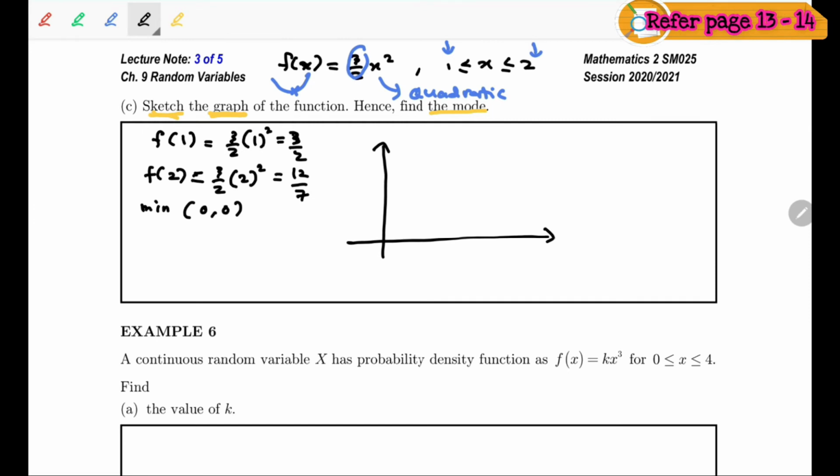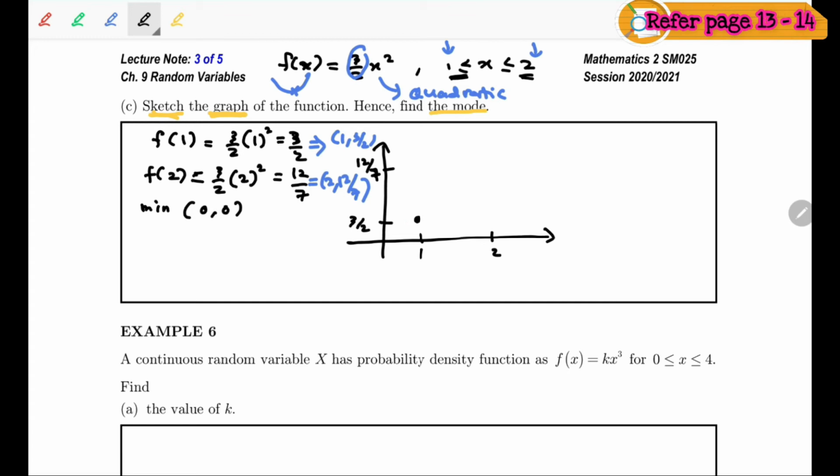Since we have the two endpoints here, this point represents (1, 3 over 7) and this is (2, 12 over 7). We can just jot down here: this is 1 with 3 over 7, and this is 2 for the 12 over 7. The interval is included for both 1 and 2, so these are included values.